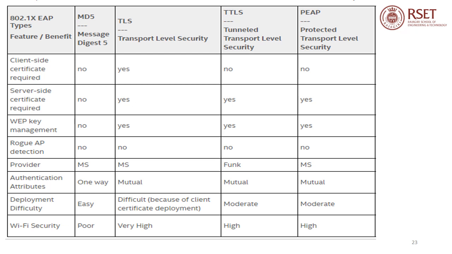The different methods have been compared based on various factors, like whether a client side certificate is required, whether a server side certificate is required, how the key management is done, whether any rogue access point detection is done or not, who the provider is, the authentication attributes used, whether it is one way or mutual, the deployment difficulty, and finally the level of security that is achieved in the Wi-Fi network. So this is just a comparison of the four methods that we just discussed. Almost 40 different methods are available under the EAP framework, but we have just discussed these four methods.